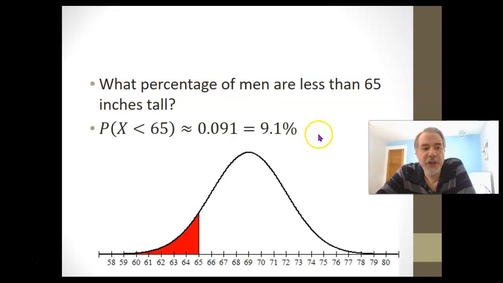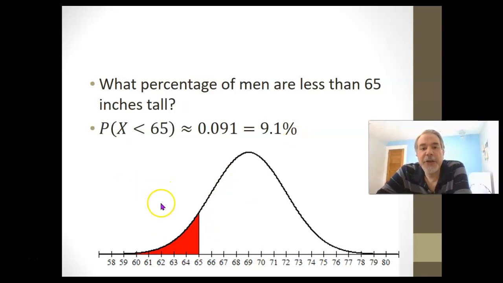What percentage of men are less than 65 inches tall? Well, if we draw a line at the 65-inch mark, then the ones that are less than that would be everybody over here to the left of 65 on the scale. And if we shade in that region, everything to the left of 65 here, and then we look at how much space is shaded, how much of the total area under this curve is shaded in red here, it turns out to be about 9.1%.